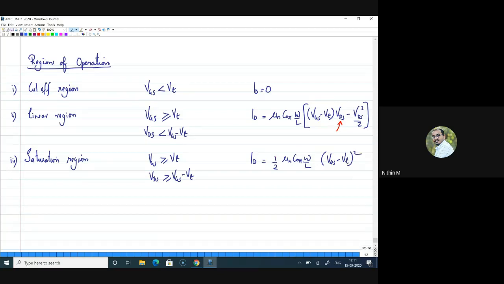So I would say don't worry while looking at the big equation on the right side. This is the only equation you may need to remember throughout the entire course, and we will derive this equation and understand each and every term separately. But just to give you this information, the mu n I have written here is mobility of, in this case, electrons, that is why we mark it as mu n. Now Cox is nothing but oxide capacitance.